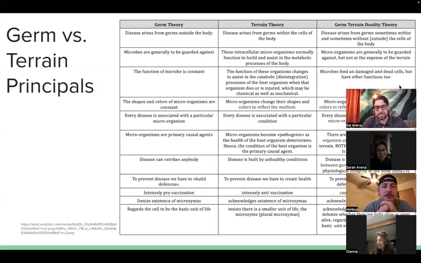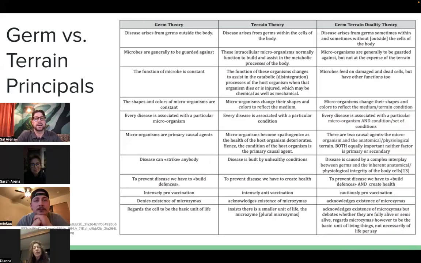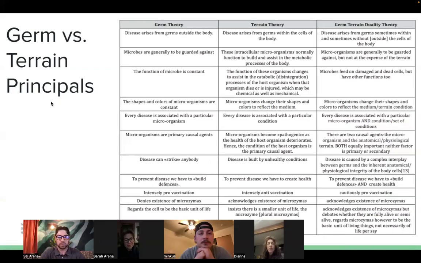So the first slide I'm going to open up with, there's a lot of information. We're going to go over this, but this is just, really quickly, some differences between the two. The germ theory has dominated the medical landscape since the 1880s, basically.